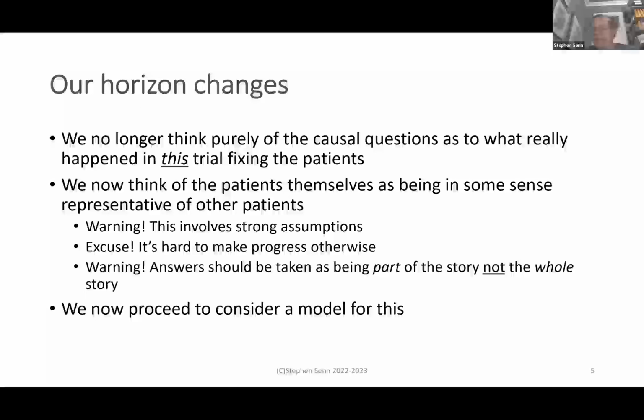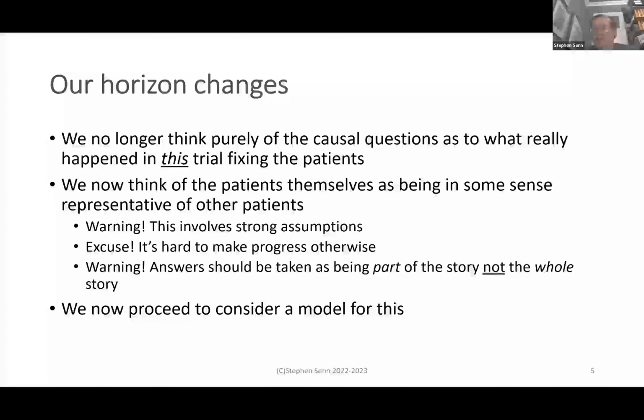And we sometimes then say, well, okay, we know that's not true, but we think that the patients are representative in some way of the target population. But that itself requires extremely strong assumptions, because the target population, of course, lies in the future. We study patients now, but we want to treat patients in the future, and things change over time.